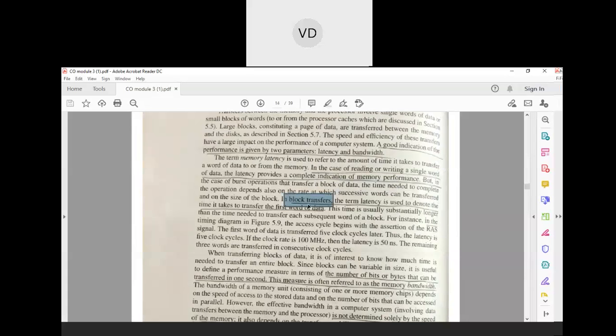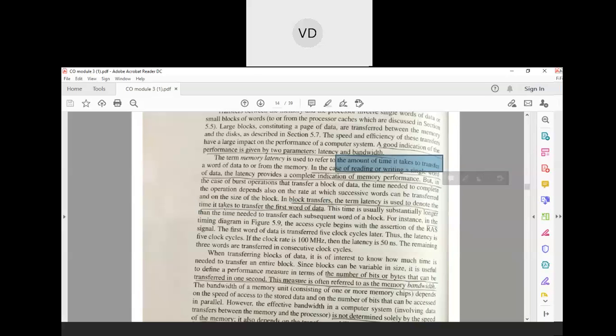When we are doing the block transfer, latency denotes the time taken to transfer the first word of data. But when we are doing the single word transfer, latency is the amount of time it takes to transfer that complete word, only that word.